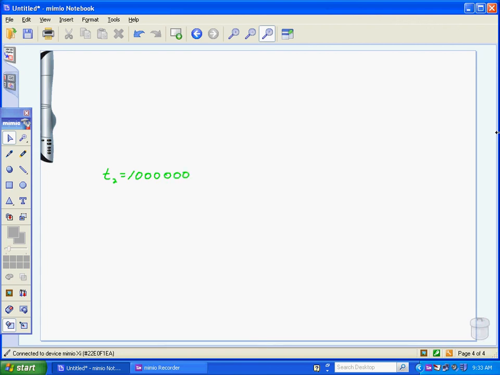Our ratio was negative 1/10. 2 minus 1 is just 1. So our second term is negative 5, I guess, zeros, so negative 100,000. Is that right? Positive? No, it's negative. Oh, well, call yourself lucky.